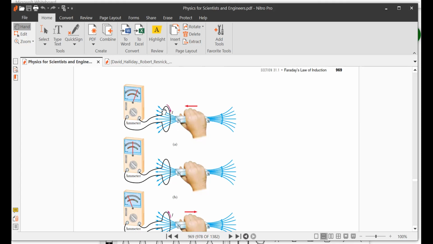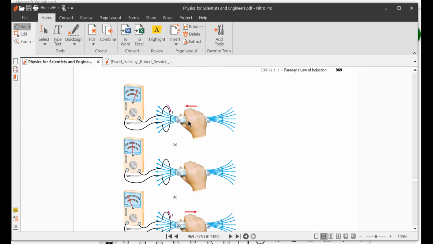Why is the current like this? Because the induced electric current will also produce an induced magnetic field that is against this magnetic field.